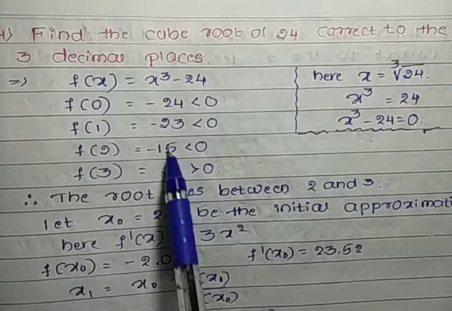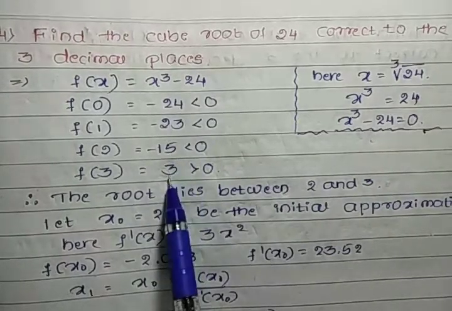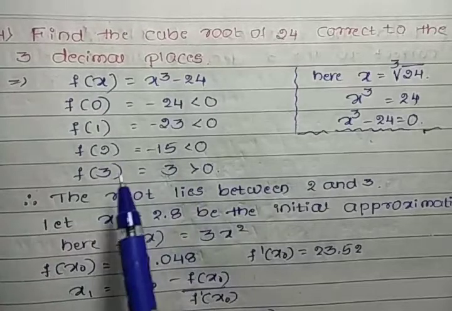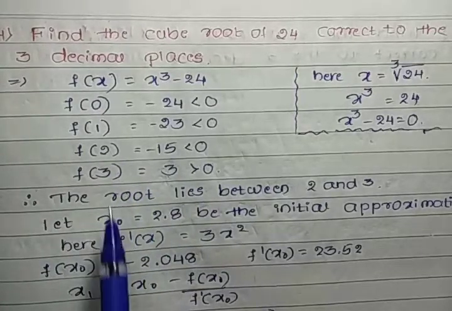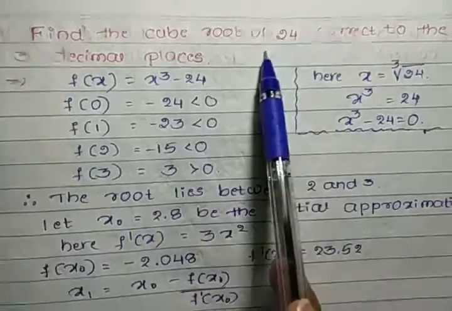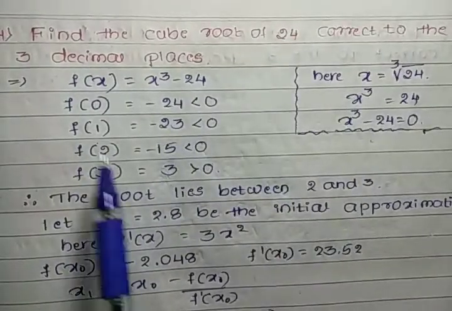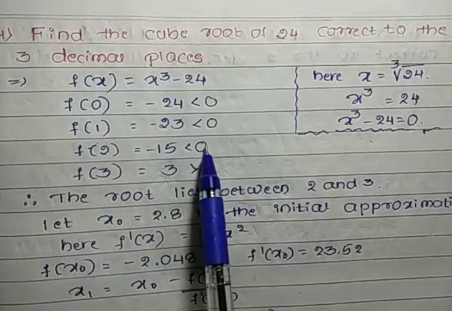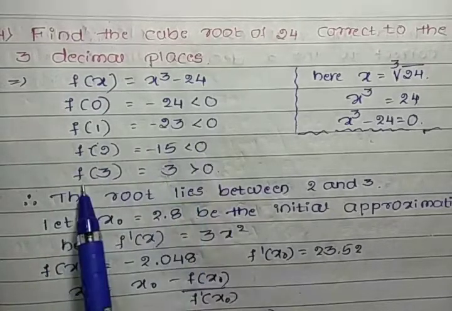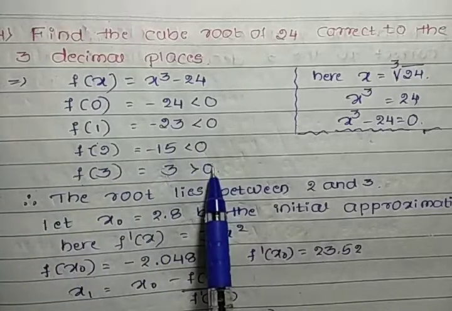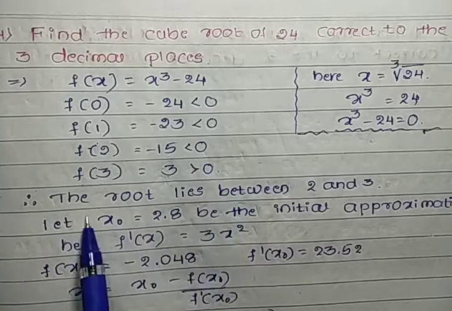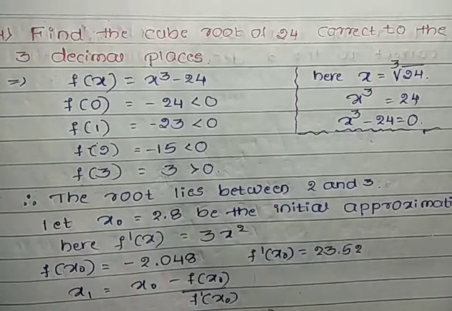It means we are getting two opposite signs for 2 and 3. Therefore, we can conclude that for this particular equation, the root lies between 2 and 3, because f of 2 is giving us a negative value and f of 3 is giving us a positive value.